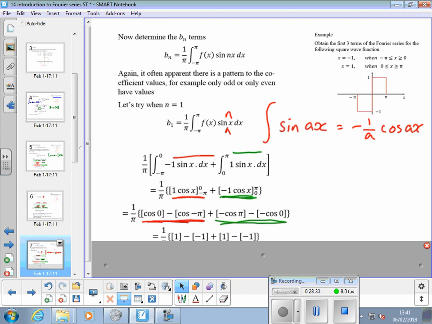Cosine of 0 is 1. Cosine of minus pi is minus 1. Minus the cosine of pi is 1. Minus the cosine of 0 is minus 1.